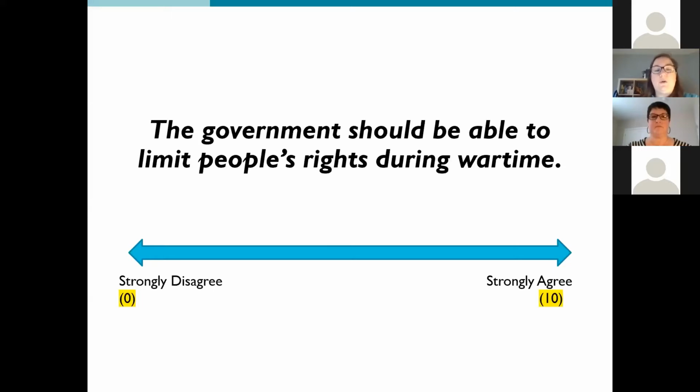If you strongly disagree, you'd put a 0. If you're somewhere in the middle, you'd put a 1, 2, 3, depending on how strongly you feel. And if you strongly agree, you'd put a 10. Make sure that you selected all panelists and attendees so that other attendees can see how you're answering in the drop-down space in the chat.